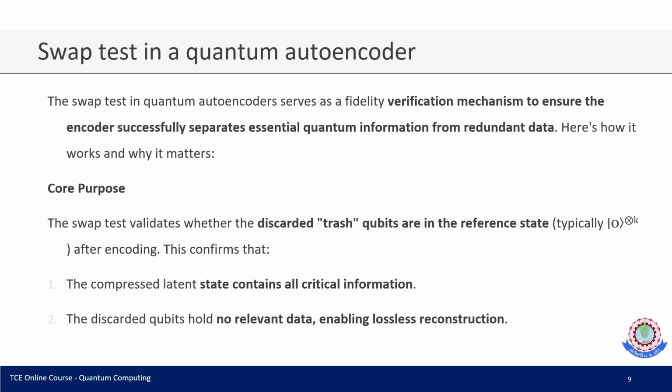And here we are going to look at the swap test of a quantum autoencoder. The swap test in an autoencoder is a very important verification mechanism to ensure the encoder successfully separates essential quantum information from the redundant data. The core purpose of the swap test is to evaluate whether the discarded trash qubits are in the reference state after encoding.